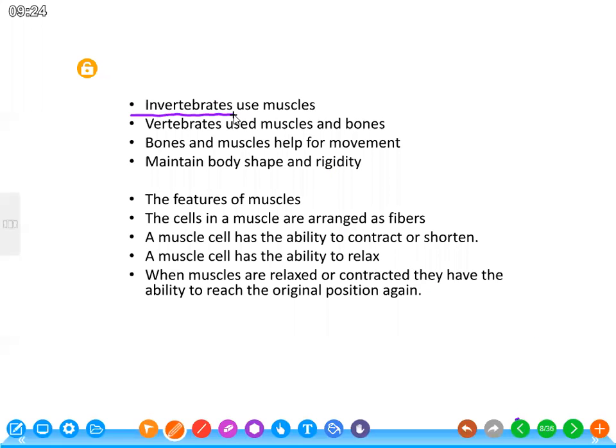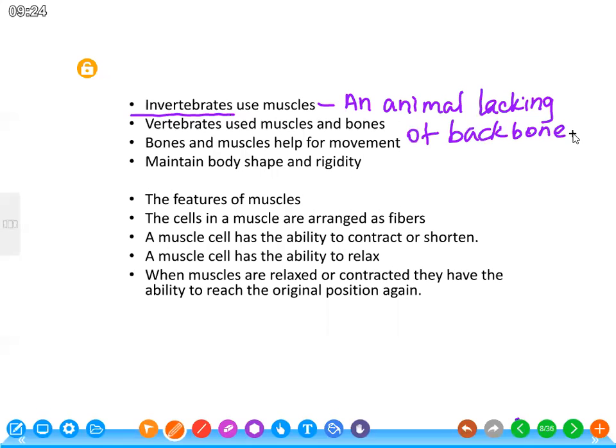So Arthropoda, Mollusca, and Coelenterata come under invertebrates. Invertebrates use muscles for their movements.